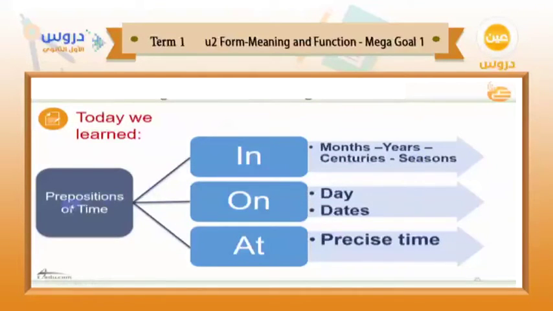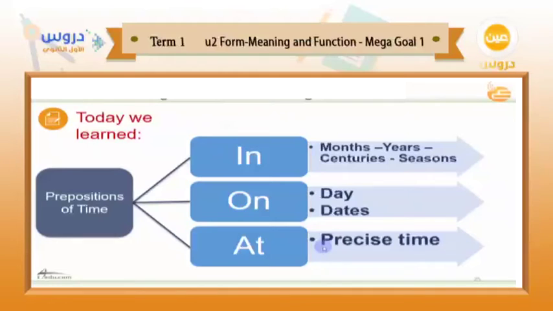And for the prepositions of time, in, on, at. In comes with months, years, centuries, seasons, and on comes with days and dates, and at with a precise time, an exact time. So if you want to talk about certain things, don't forget to use the preposition at.